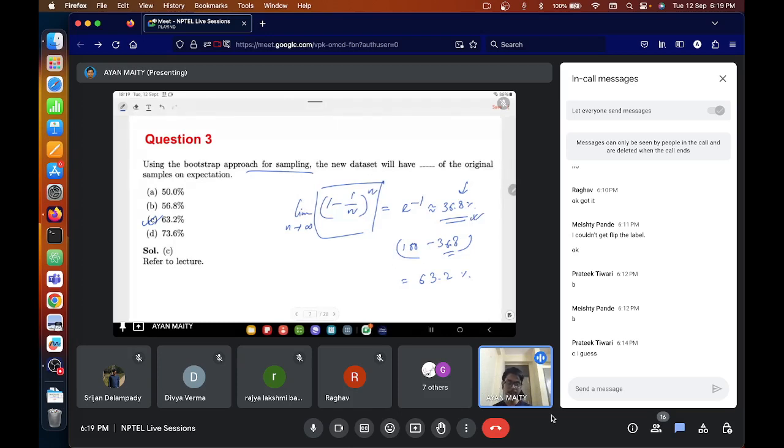That means 63.2% is the probability that it will be picked. So on expectation 63.2% examples from the original dataset will be picked in the sampling. So this is how you will calculate this.